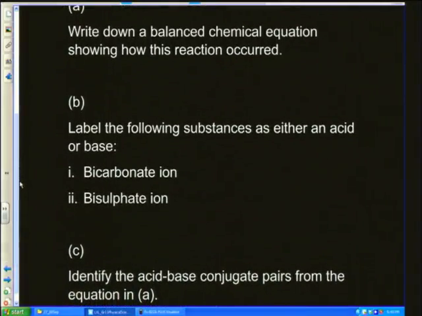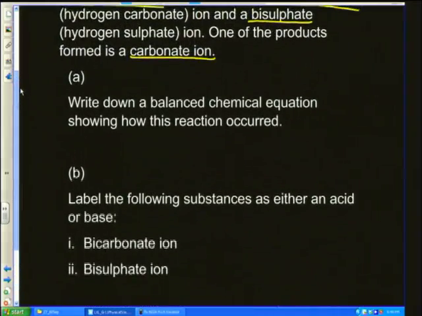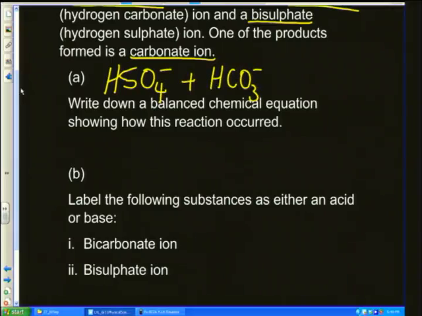So I've got a bisulfate ion. Okay? So let me just write down the bisulfate ion. That is a bisulfate ion, plus a bicarbonate ion, and I'm told that one of the products is a carbonate ion.